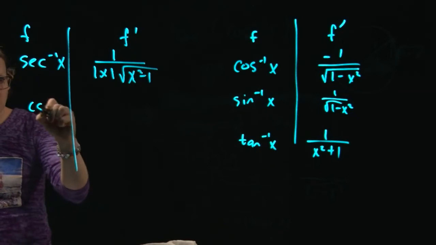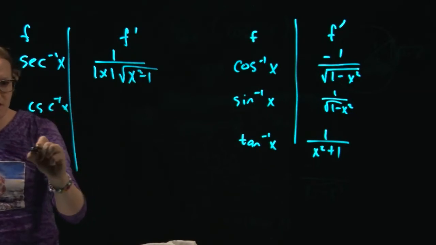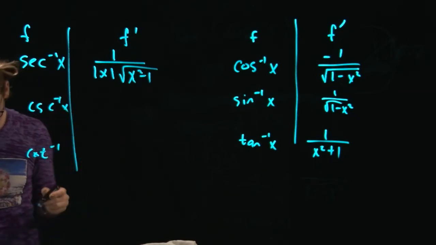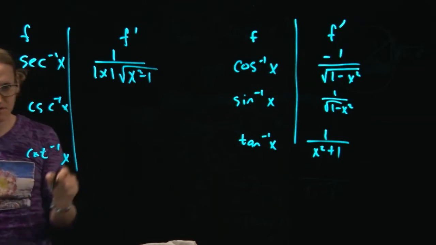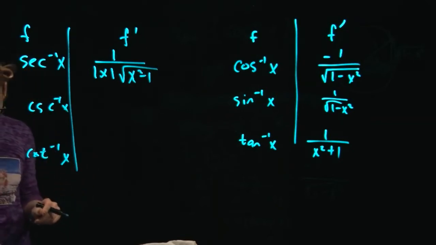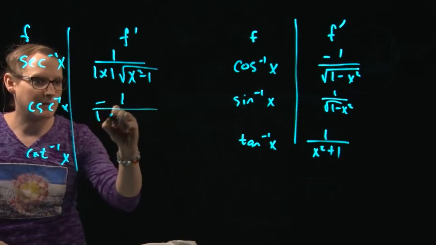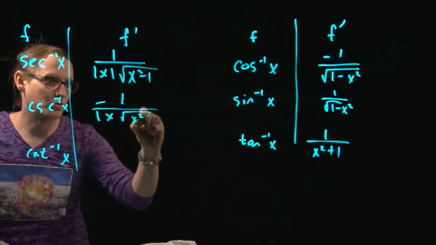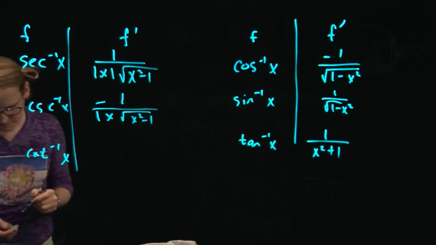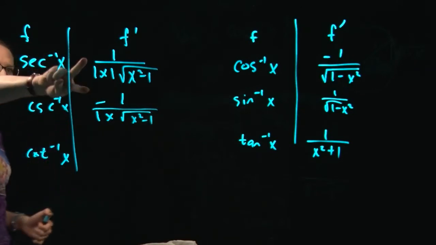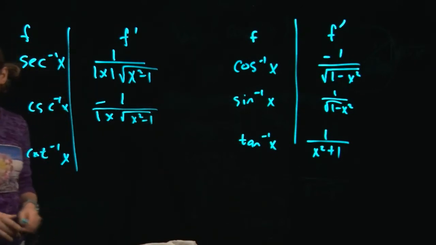Let's do cosecant inverse, and then we'll do cotangent inverse of x. Okay, the derivative of cosecant inverse is minus 1 over the absolute value of x times the square root of x squared minus 1. That's kind of nice because these two now differ only by a negative sign also.